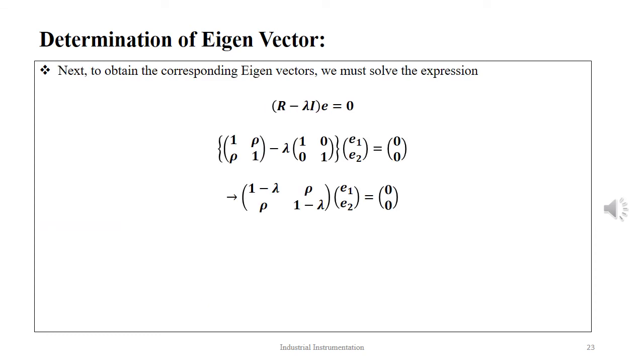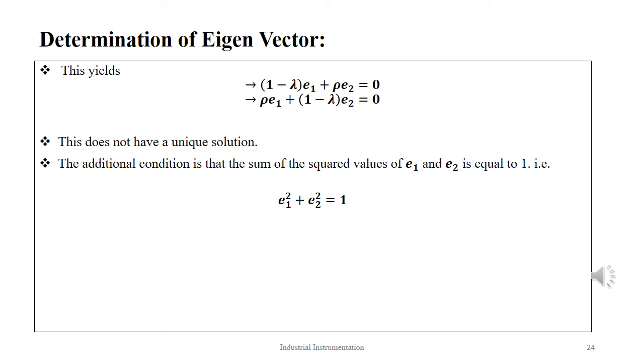To obtain the corresponding eigenvectors, we must solve the expression R minus lambda I whole into e equal to 0, or 1 row, row 1 minus lambda into 1 0 0 1 whole into e1 e2 equal to 0 0, which boils down to 1 minus lambda, row, row, 1 minus lambda into e1 e2 equal to 0 0.